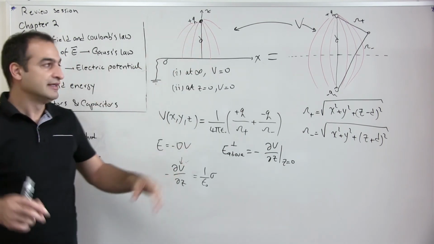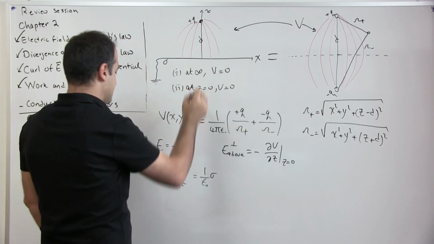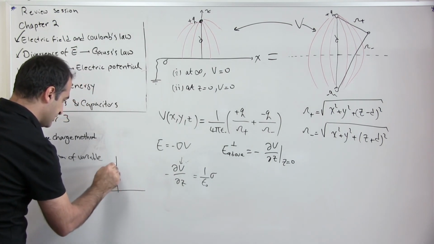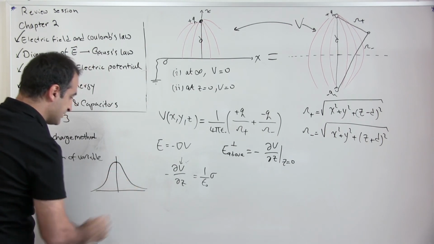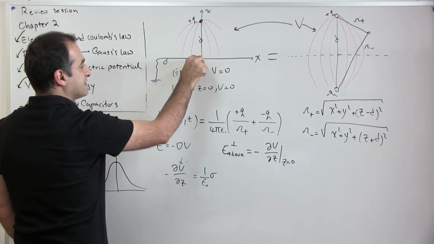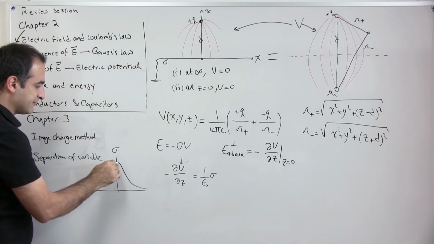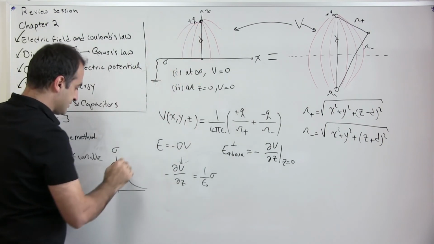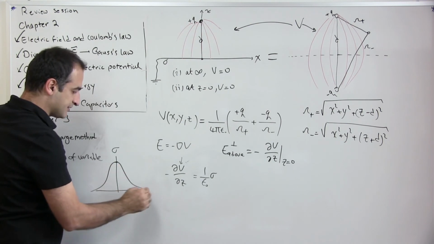There's a profile. Density is higher here, lower at the end. You can even qualitatively show the magnitude of the induced charges as a function of distance from this point, okay? So you will see you have higher surface charge density right here because it's the closest point to the positive Q, and as you go further away, the density drops, okay?